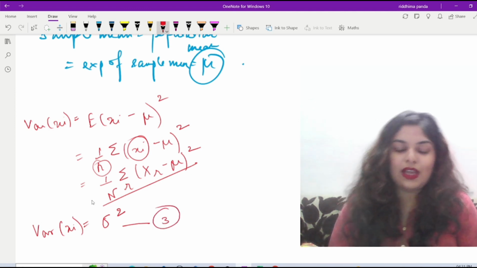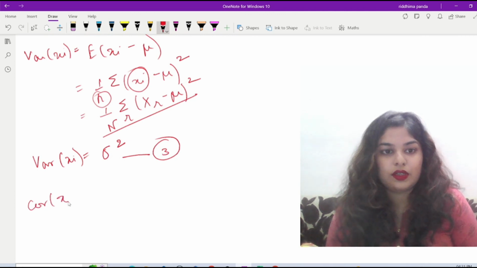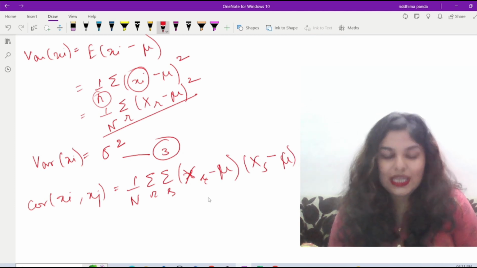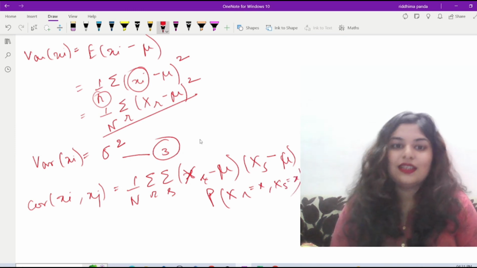Now I'm going to put variance of xi in equation 2. Before that I have to find out covariance. Now let's calculate covariance of xi comma xj. So this is equal to 1 by n summation r summation s of xr minus mu into xs minus mu into the probability of xr being selected comma xs being selected, correct? So this is our deviation from mean times probability, deviation from mean times probability.